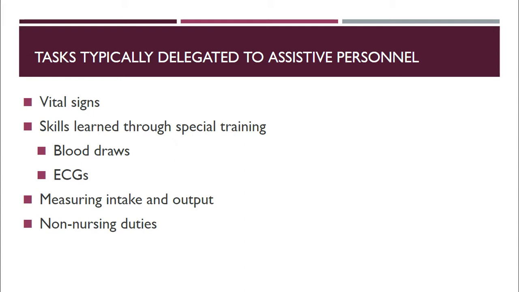You can even do EKGs, and you can do simple wound care. So again, it'll depend on the facility and what skills they have taught their assisted personnel to do through special training. Other things that you can delegate include measuring intake and output, and then of course other non-nursing duties.